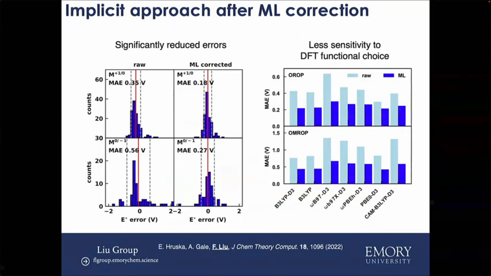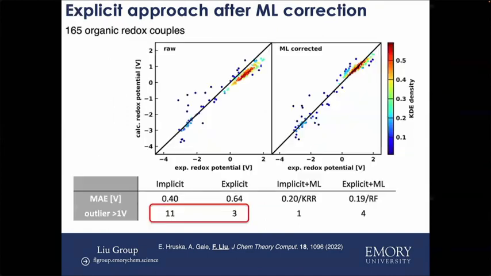This is a problem we usually encounter in chemistry discovery: the DFT method you use for calculating a certain property of interest usually depends on the system. But with the machine learning correction, the functional we choose is no longer important. This reduces the uncertainty in the method you choose to generate the data.